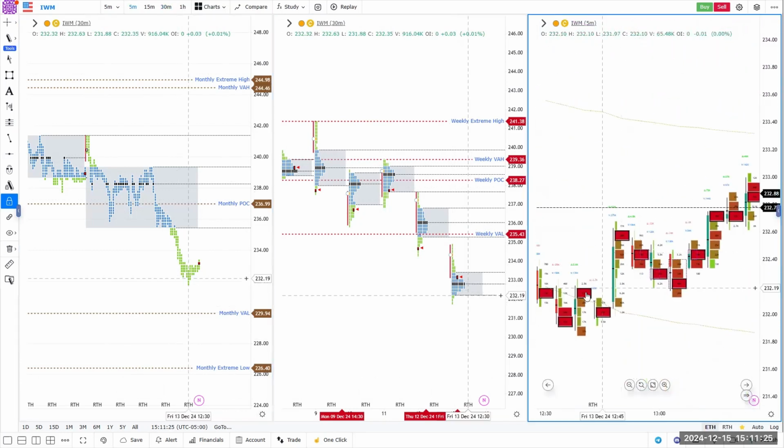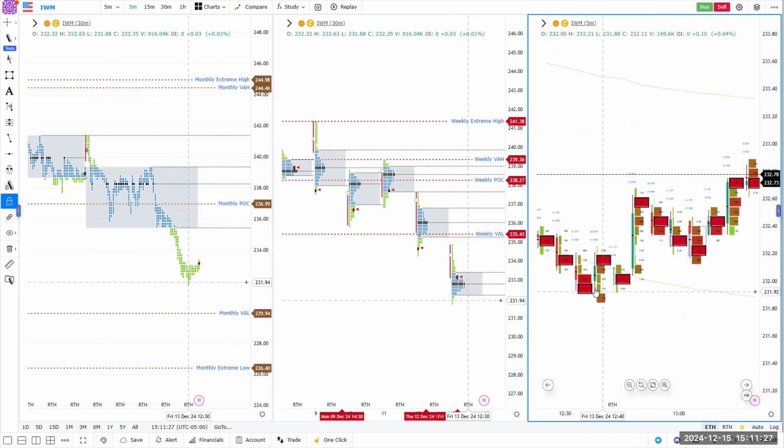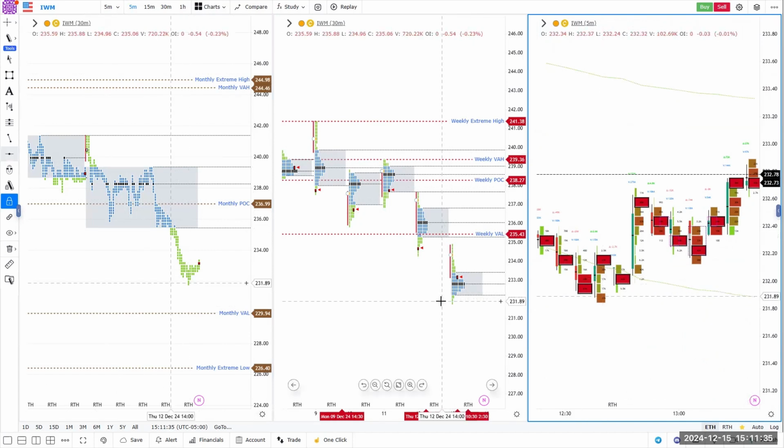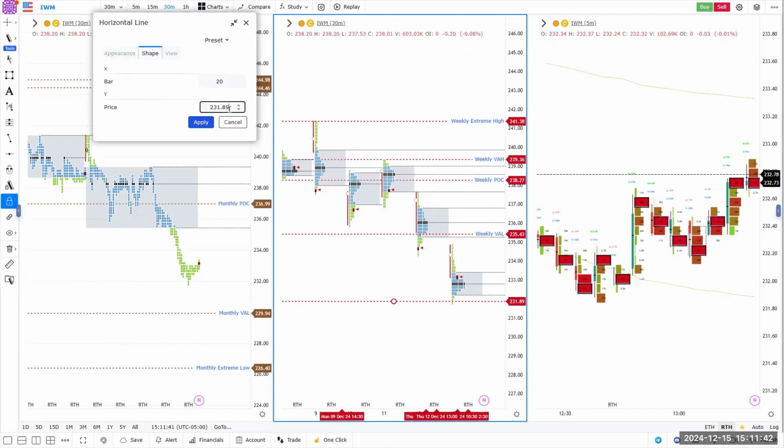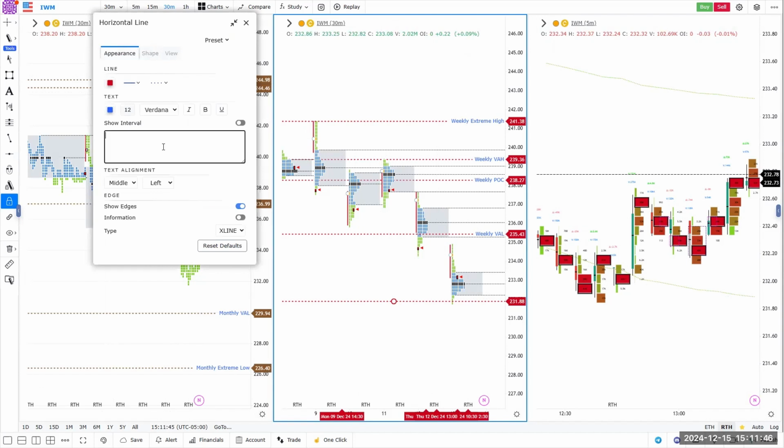So we sync that all the way here, 12:35 right there. Looks like the low of the week, 231.88. Let me just do that instead of playing around with it. Change it in here, 231.88. And that is going to be the weekly extreme low.